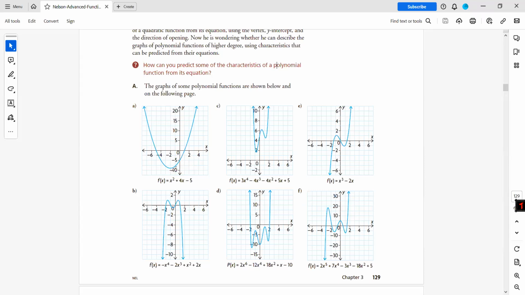Next thing we see is that the vertex is strangely moved away from the origin, right? So basically, the initial x squared parabola would look like this. It would pass through (0, 0), right? Do you agree with me? But this graph is somehow translated.